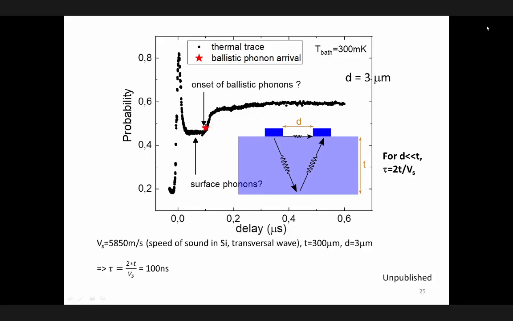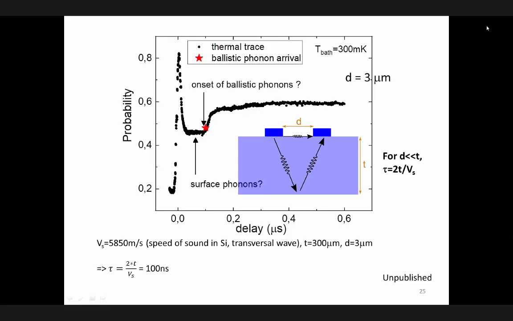But once the excitation pulse, this 5 or 10 nanosecond pulse, is over, you see immediately the enhancement of the probability. And then there is a jump, so something arrives at the bridge. This is the time delay corresponding to some particular transfer channel.